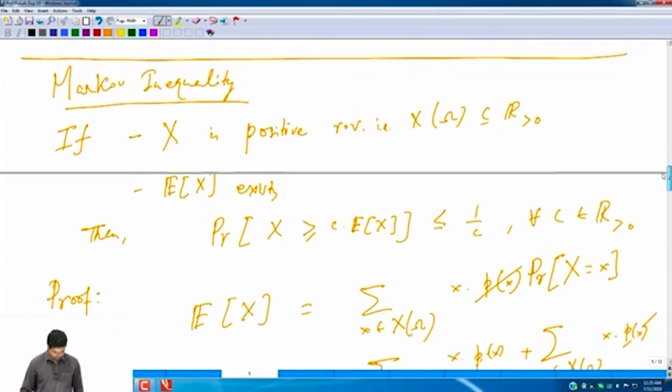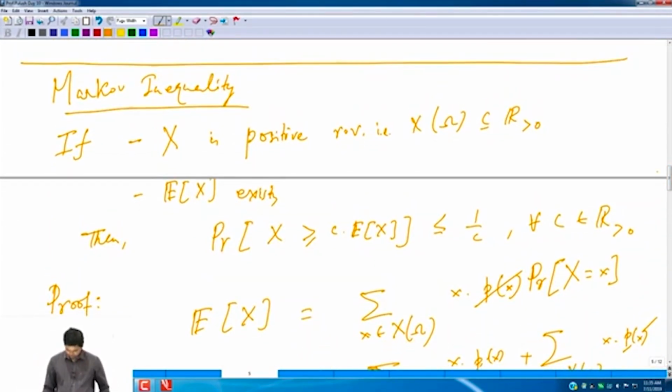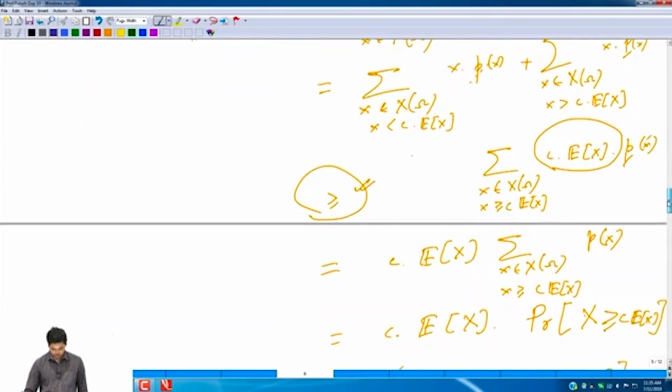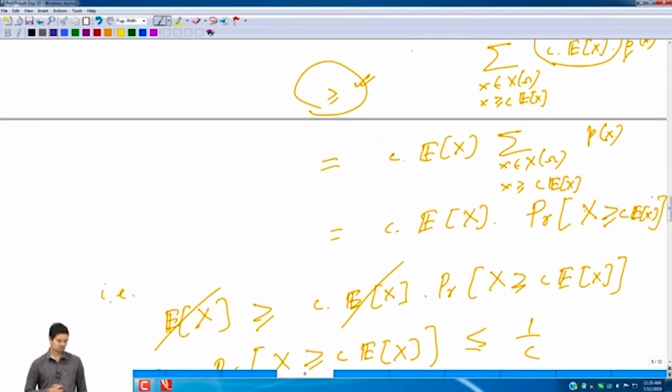So let's replace this condition, x is positive, by non-negative. Then at some places our proof breaks, right? Because for example, we use that x is positive to cancel expectation of x.